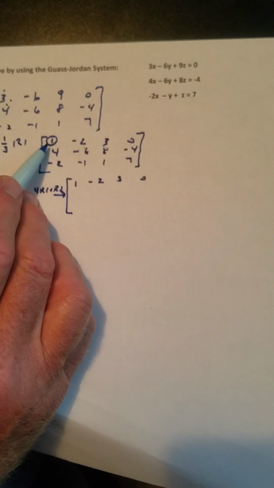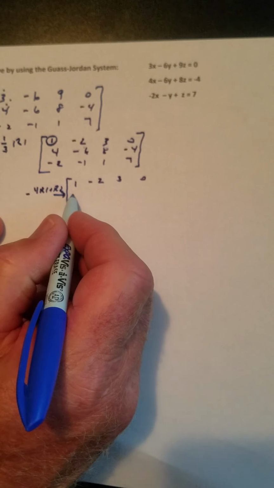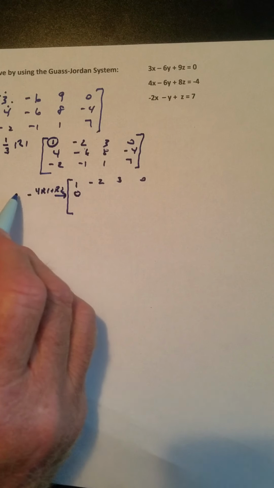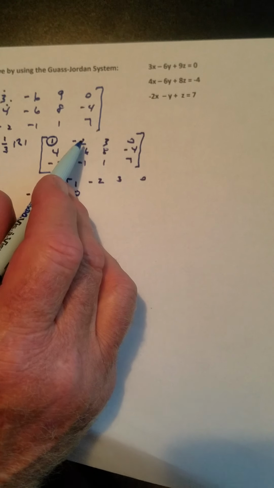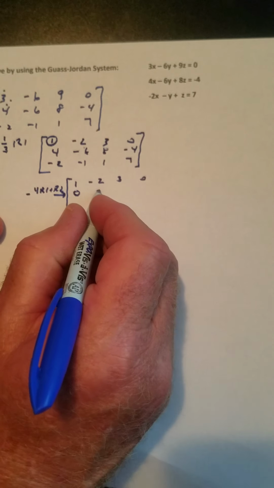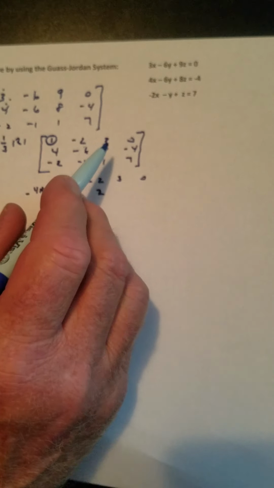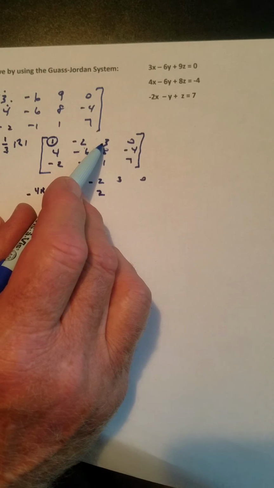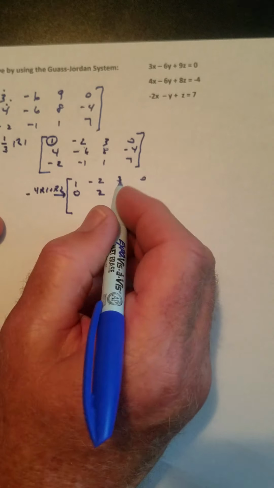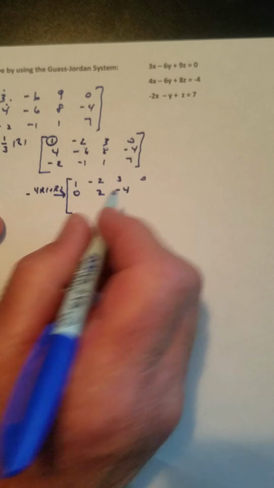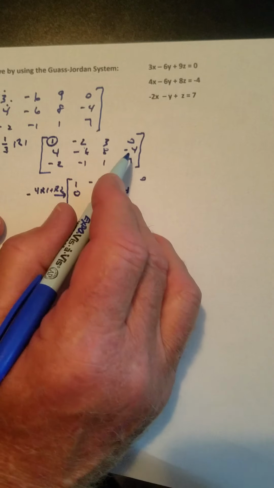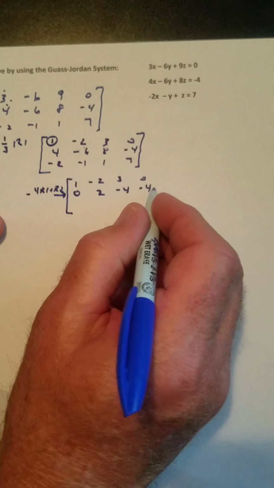So -4 times 1 is -4, plus +4 is 0. We knew that. -4 times -2 is 8. 8 plus -6 is 2. -4 times 3 is -12. Plus the 8 below it is -4. -4 times 0 is 0, plus -4 is still -4.